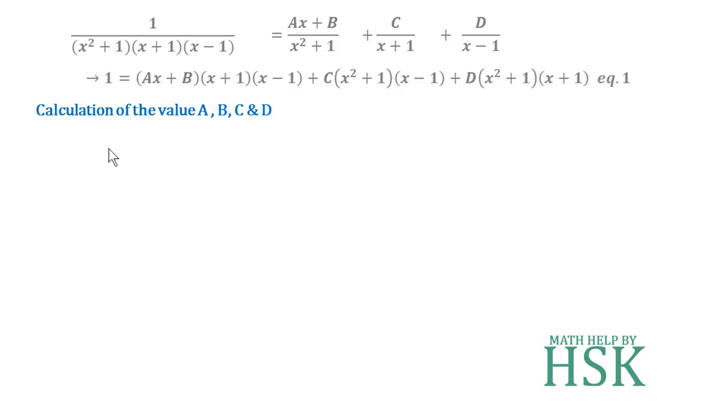Now you are going to see the calculations for the values of a, b, c, d. Placing x plus 1 equal to 0, or x equal to minus 1, in equation number 1.